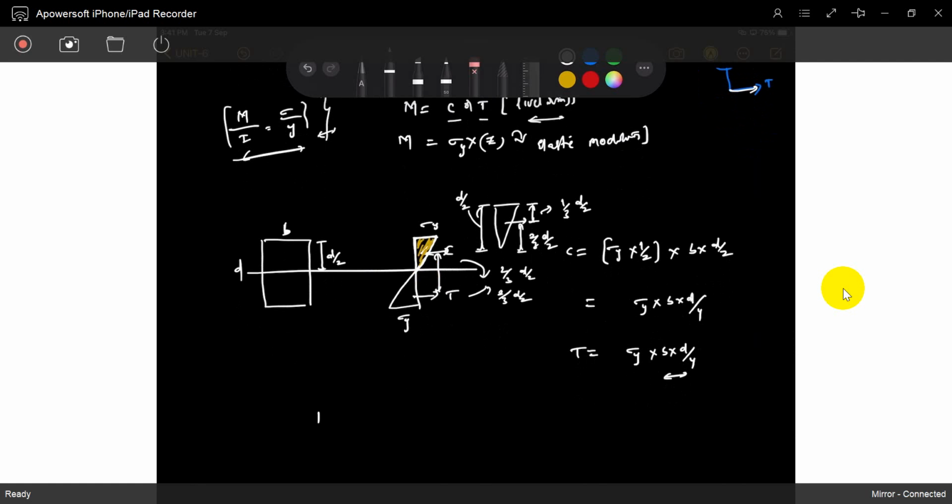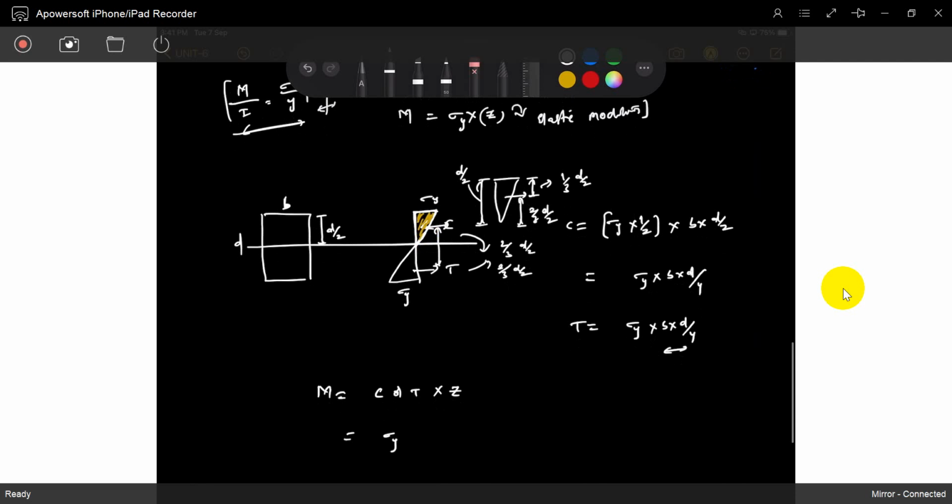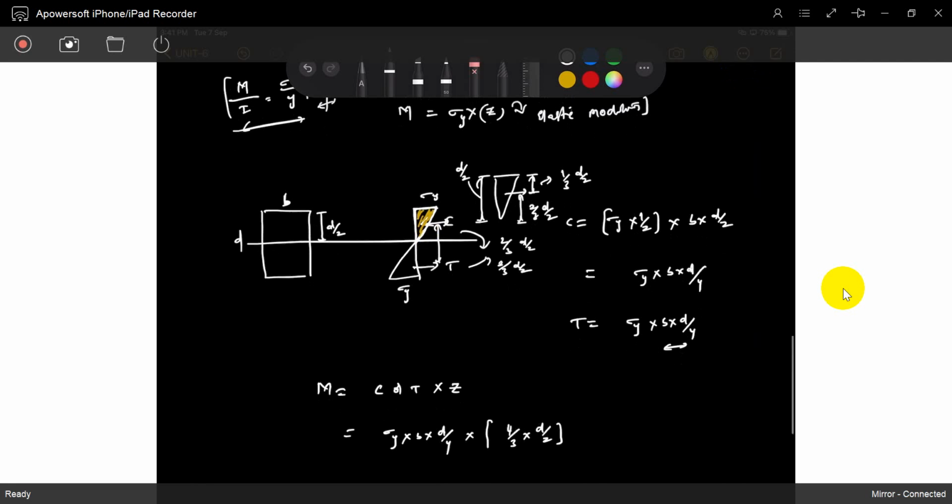So the moment is the compressive force or tensile force multiplied with the lever arm. So you get sigma y b d by 4 multiplied with the distance, which is 4 by 3 of d by 2.